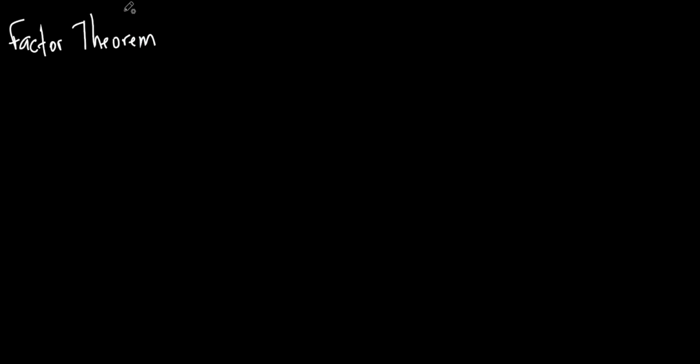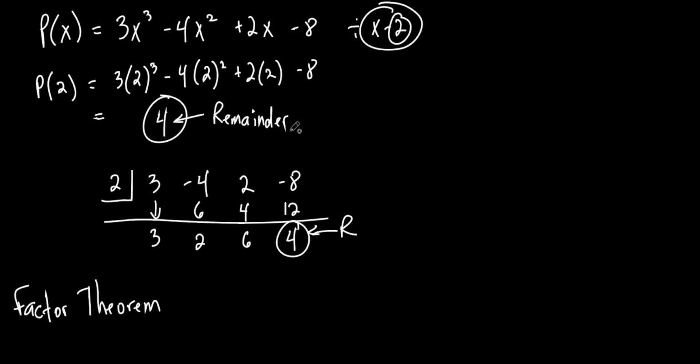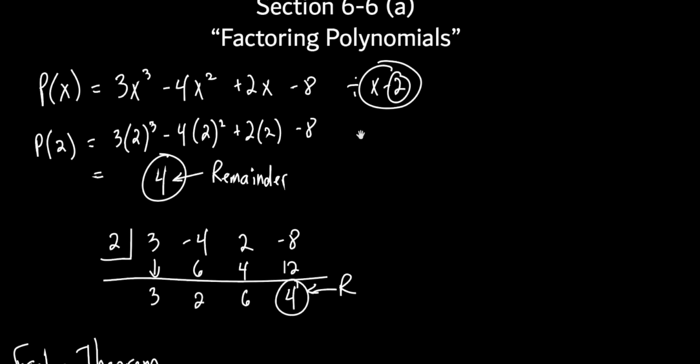Basically, what the factor theorem says is what I just said over here. Let me start this way. Forgetting all my words, the remainder theorem just says that whatever your remainder is by dividing, it's the same thing if I put that number in for the x. That's what the remainder theorem basically says, okay?